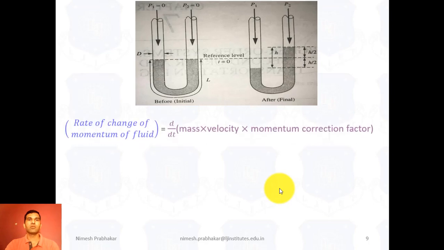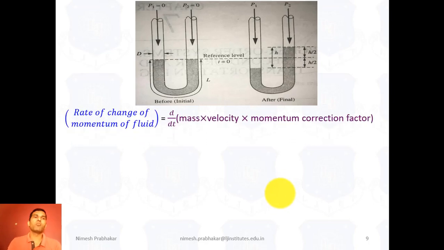Next one is the rate of change of momentum of fluid. The rate of change of momentum of fluid is nothing but d by dt into mass into velocity into momentum correction factor.